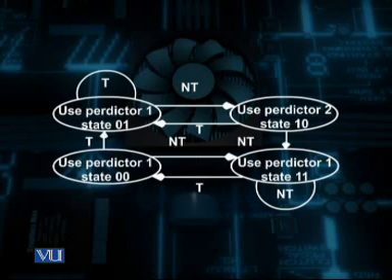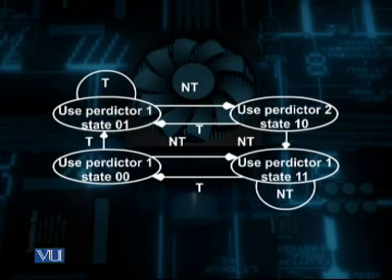This 2-bit saturating counter has 4 states corresponding to which predictor is to be used. Here, the saturating state 00 and non-saturating state 01 are assigned to predictor 1, and the saturating state 11 and non-saturating state 10 are assigned to predictor 2. The transition is specified by correct equal to 1 and incorrect equal to 0.